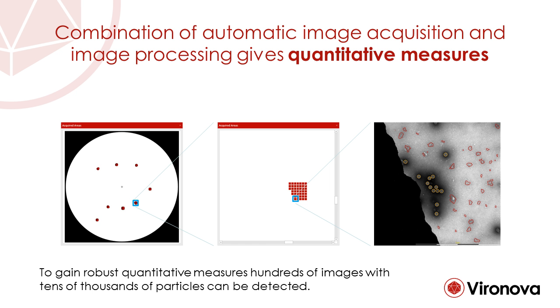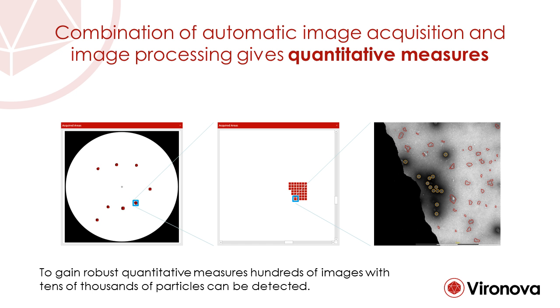Yes, so when it comes to measures which we don't want to base on single images, morphology we can look at in individual images, but for quantitative measures we need to look at multiple locations of the sample and acquire many images to measure a large number of particles and objects. And we do this in the Minitime system by automating the image acquisition as well as the image analysis.